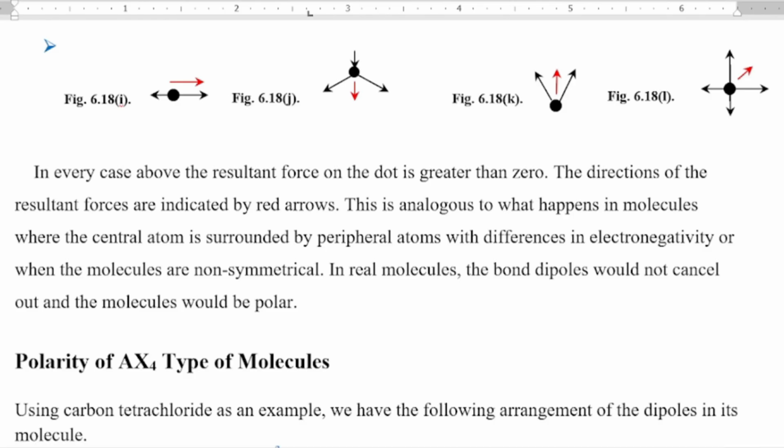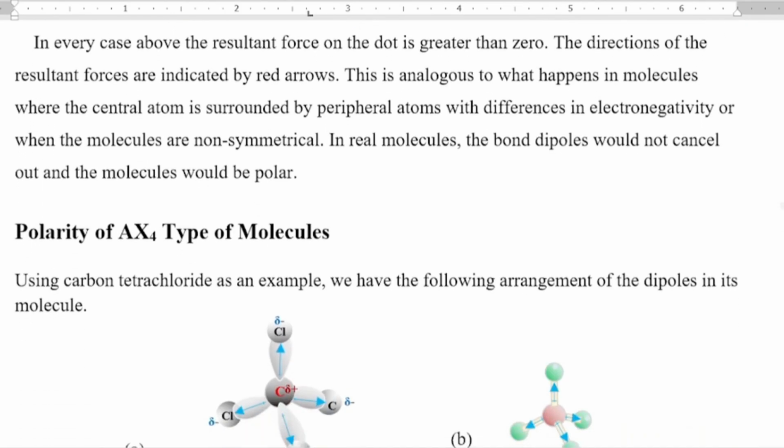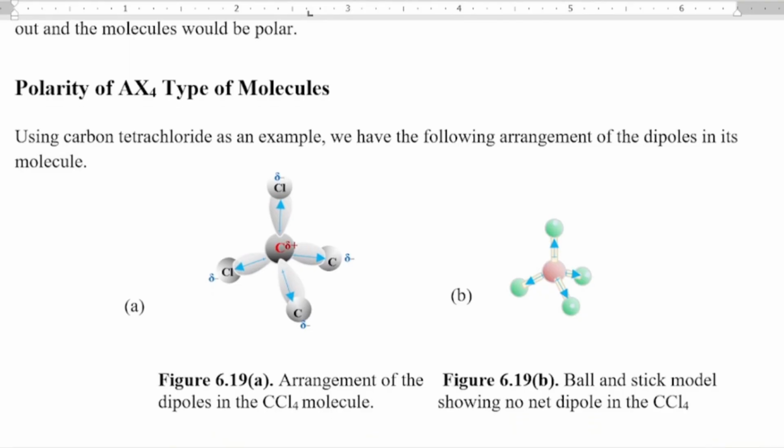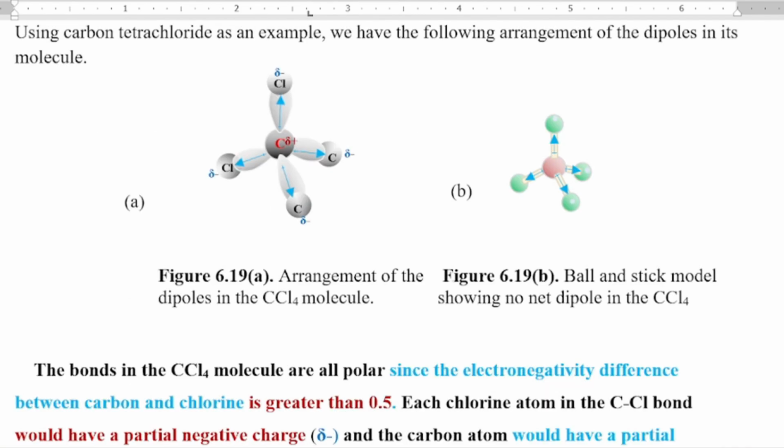So let's see a molecule and then put in the forces inside here. All right. Here we're using carbon tetrachloride, CCl4, to illustrate this concept. That's 4 chlorines there. Now this is our central atom. We know that each of these here has a bond angle of 109.5.